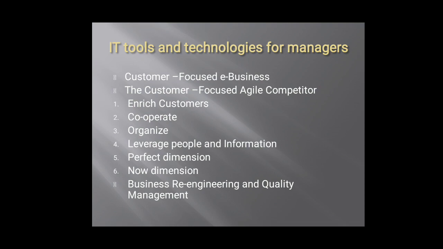To be in this highly competitive world, high quality, high performance, customer-configured products and services are the demand of the customer, and for that, agile means every time there is a change, you have to be in that change. That is agile competition. And for that you require enriching customers, giving value to the customers.